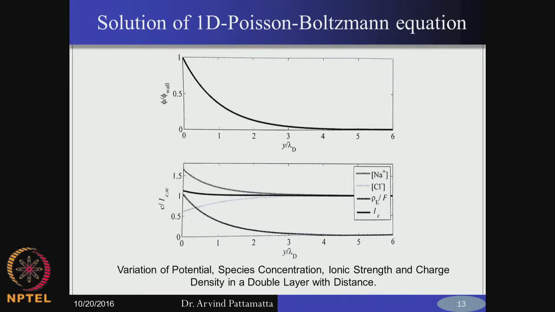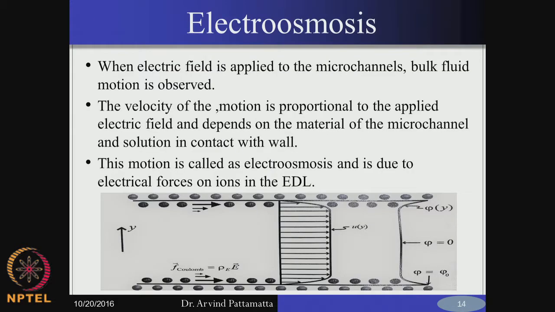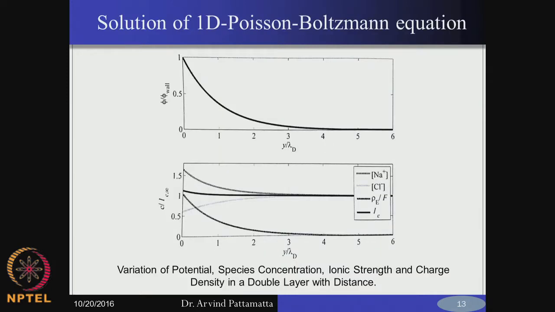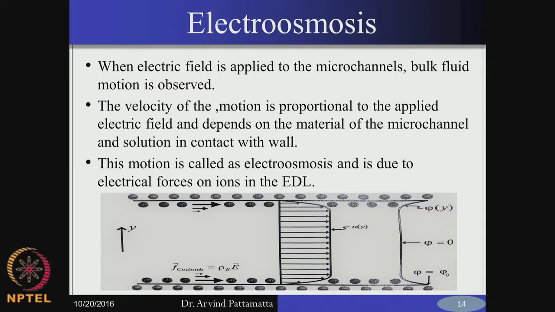So, from the one dimensional solution you get a lot of information: how the electrostatic potential varies, how the local net charge density varies, how the concentration of these ions varies, right. Now this is the starting point of looking at electrokinetics. So, till now there is still no kinetics, it is just statics.